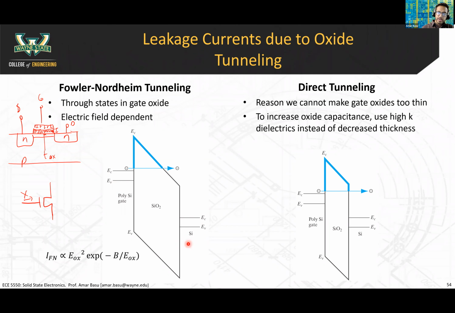That's why the substrate is at a lower potential here. I'm sorry, the Fermi level is lower here. And this is basically showing that if you have a very large potential applied between the gate and the substrate, you can bend the oxide portion of the band diagram like this.